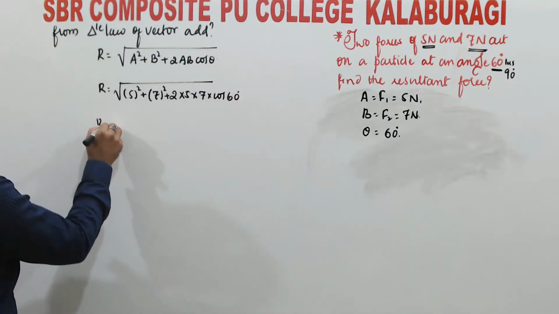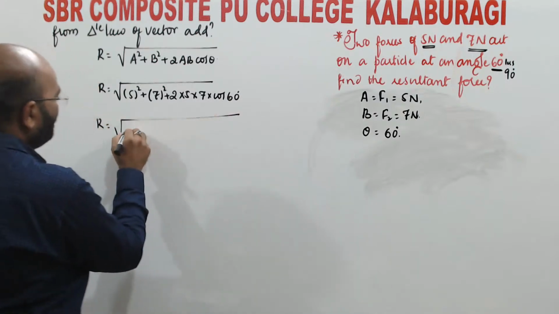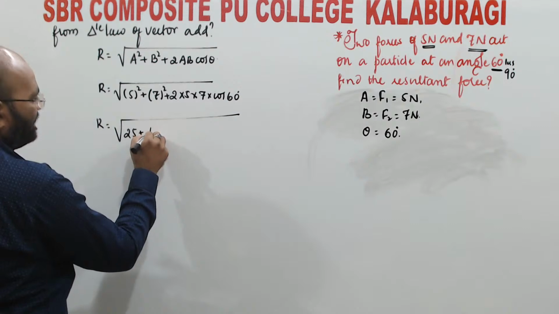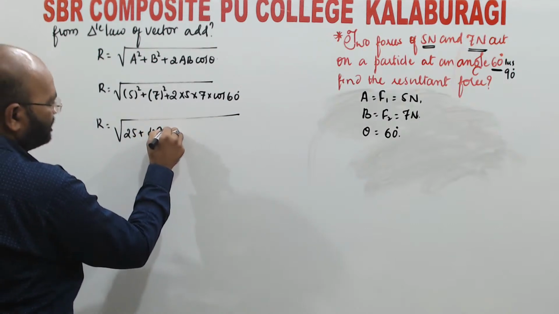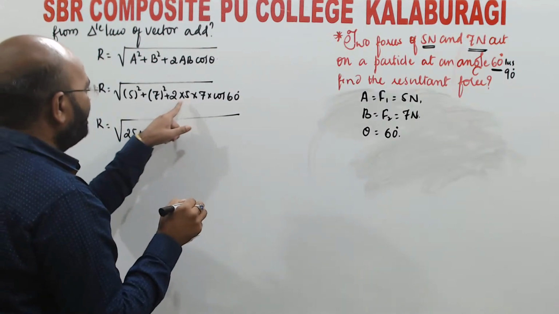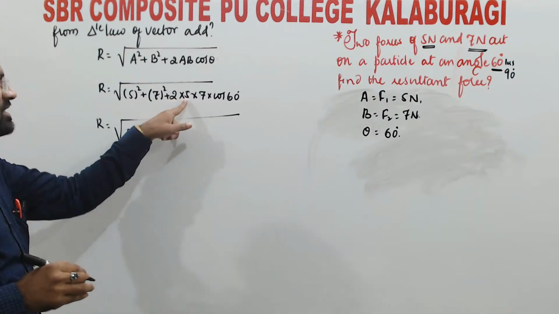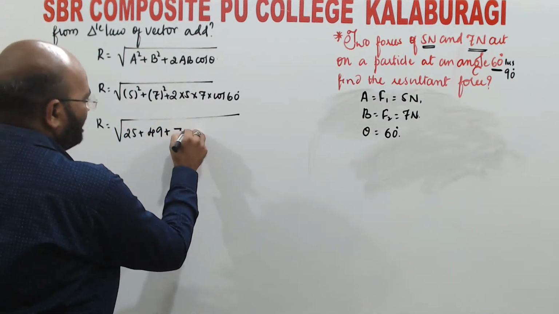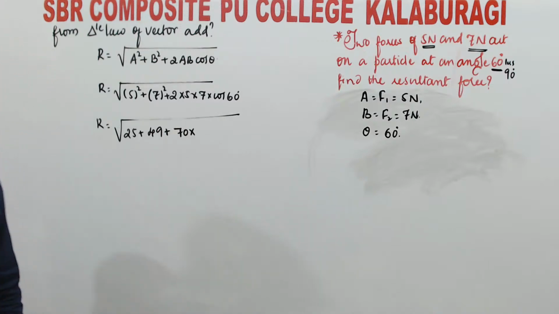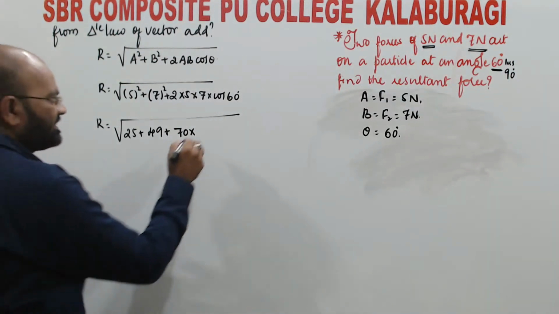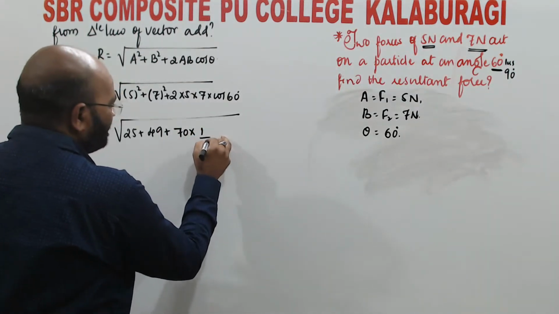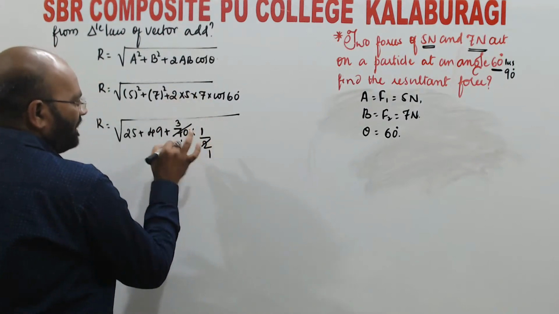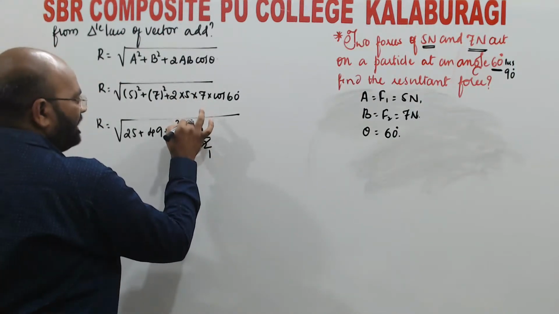Therefore R equals 5 fives are 25, plus 7 sevens are 49, plus 2 fives are 10, 10 sevens are 70, so this is 70 cos 60. Cos 60 is how much? Cos 60 is 1 by 2. So dividing this, 70 by 2 gives 35.